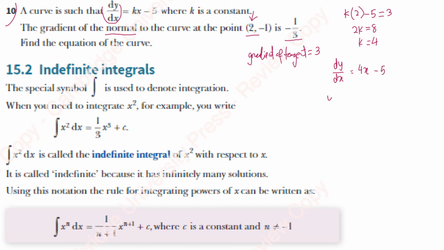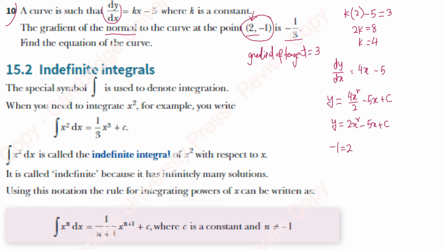This is the previous working. Now I integrate the right side, and it gives us 4x squared by 2 minus 5x plus c. We can write one more line: 2x squared minus 5x plus c. Now put in the values 2 and minus 1, because the point satisfies the equation.